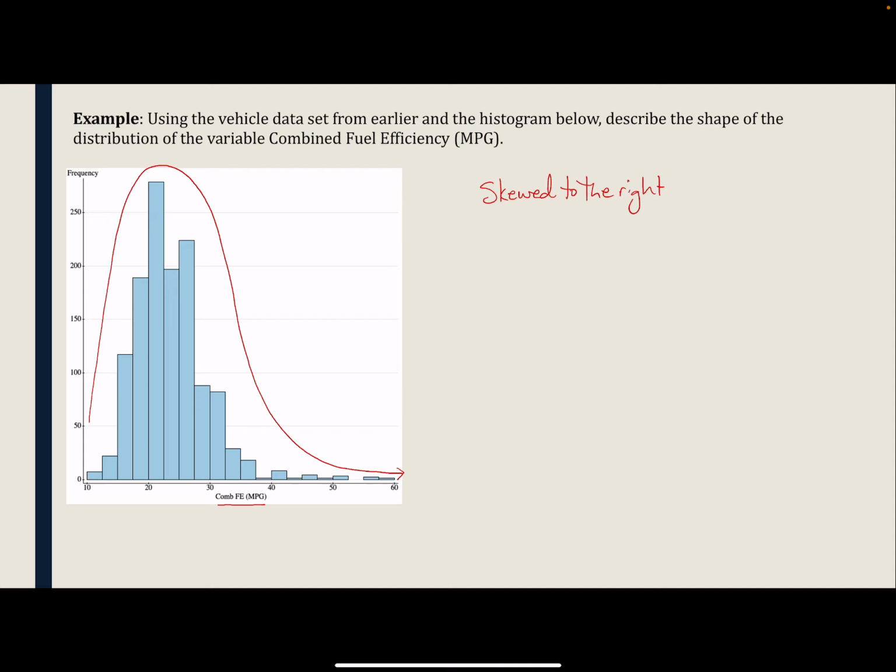There's one peak, so we would say it's unimodal. We don't have a way of calculating outliers, but we definitely have some values here that are further away from the rest of the other data values. These here could be outliers, but even this bin could be outliers. So I don't know for sure, so I'm just going to say that there are some possible outliers to the right.